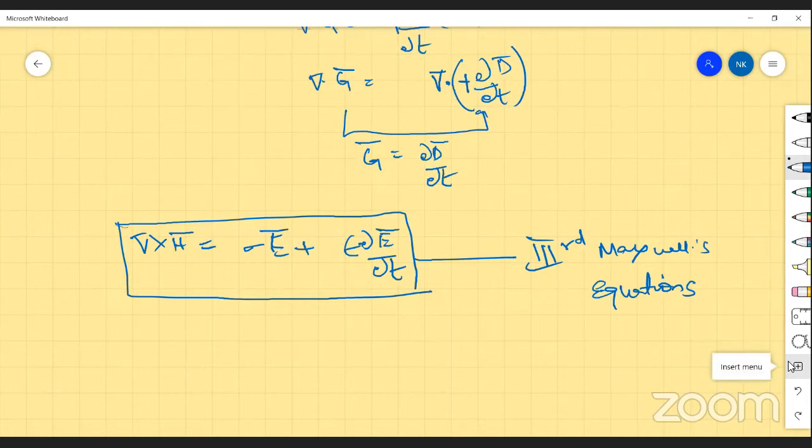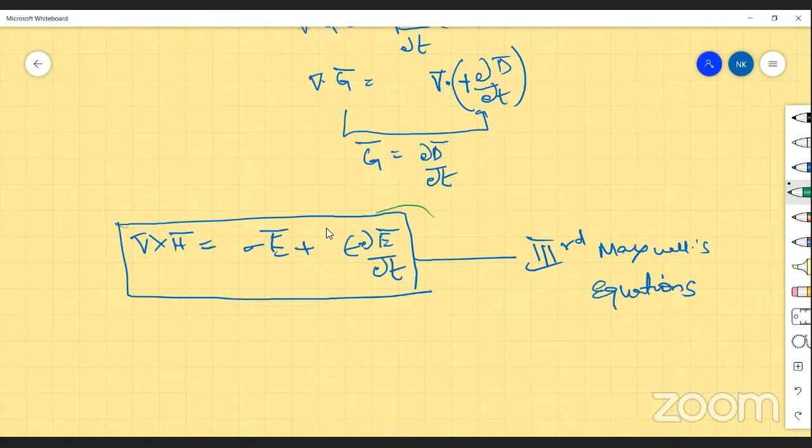So this is regarding the Maxwell's equation for time varying fields. Understood? Okay, so now from where did you get this equation? Inconsistency. So what is the inconsistency in Ampere's circuital law? That is giving this extra term.